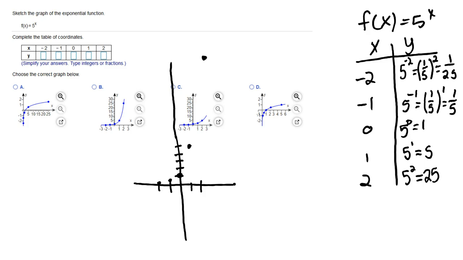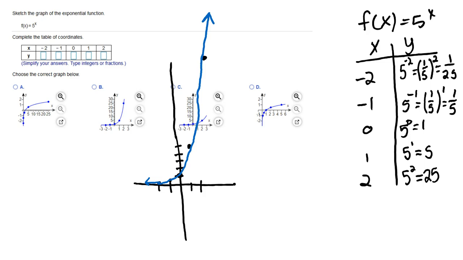So now we have these 5 points, and these 5 points connect with each other pretty smoothly. You can guess that as we follow the pattern on this side, it's going to go up to infinity pretty quickly. And on this side, as we go further down the negative path here, our y values will get closer and closer to the x-axis.